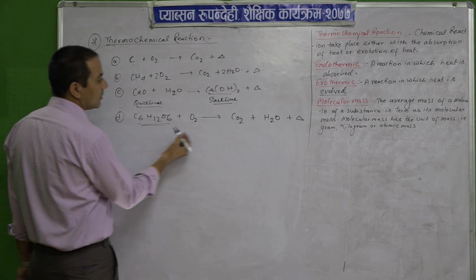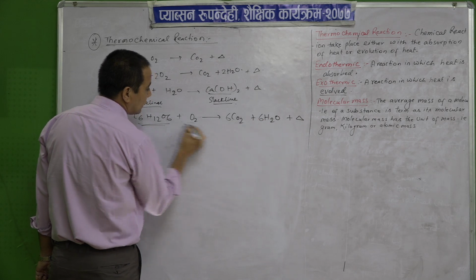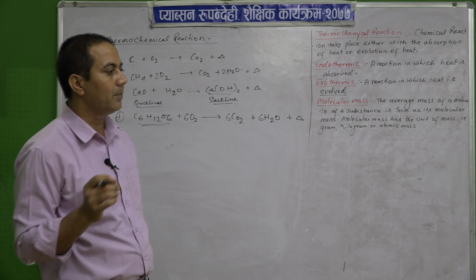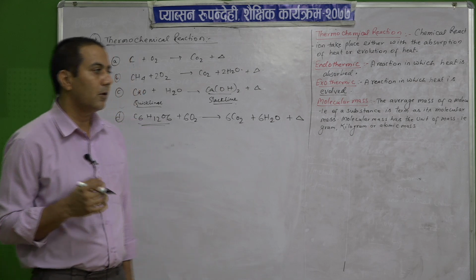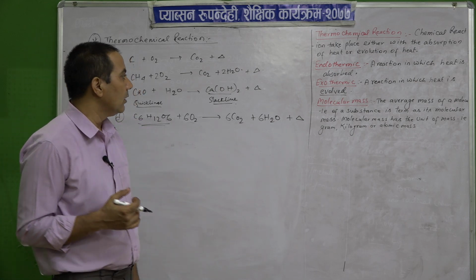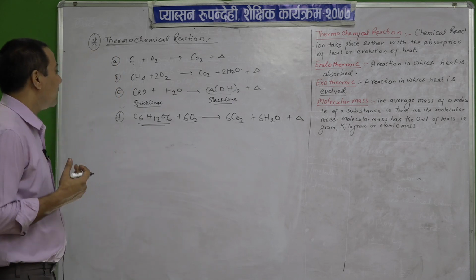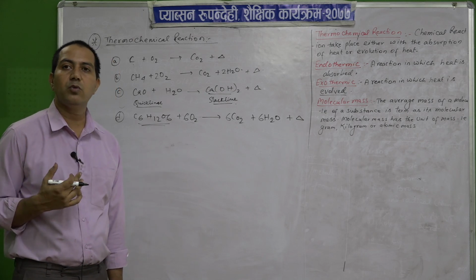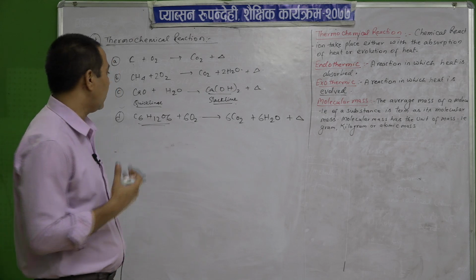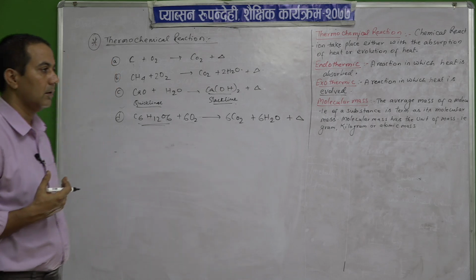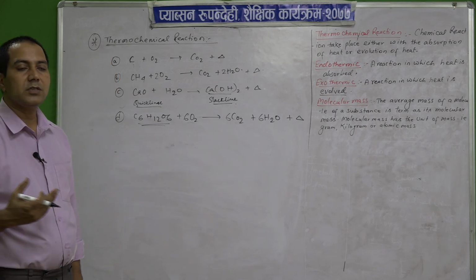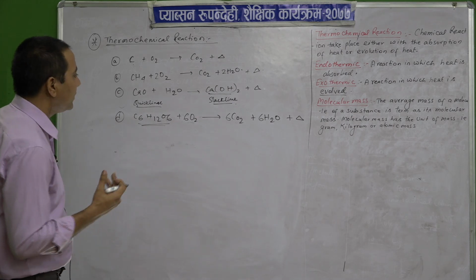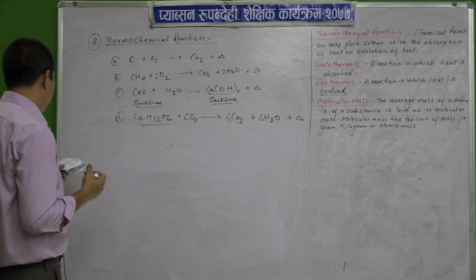Now we have to balance this one, 6, 6 and 6. For the balancing of equations, I think you have studied in class 9, so we will not take that again. So glucose, C6H12O6, when it reacts with oxygen, breaks down into simpler forms and releases energy, that is carbon dioxide and water.